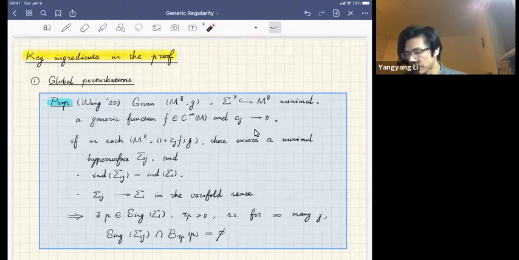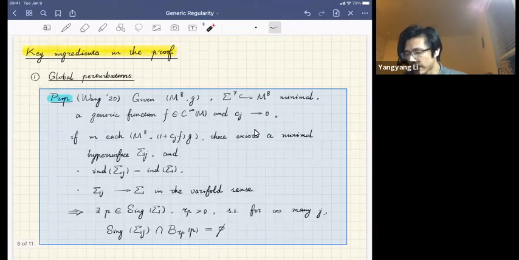Then we can show that there exists a singular point p inside the singular set of sigma and some radius r_p, such that for infinitely many j, the singular set of sigma_j intersecting with this ball is empty.